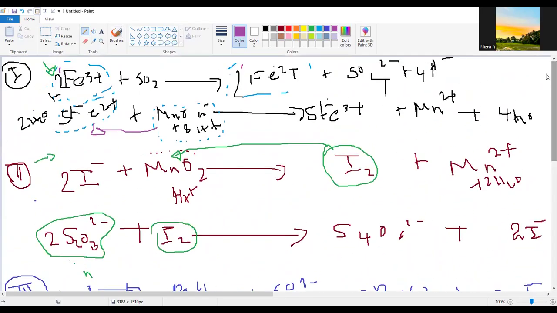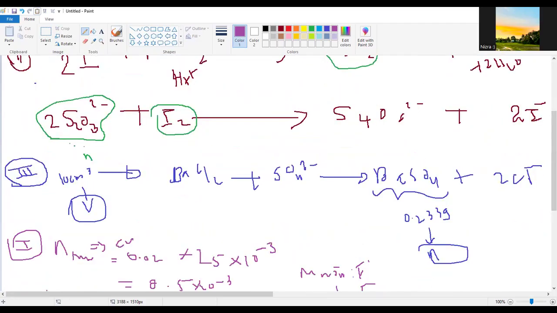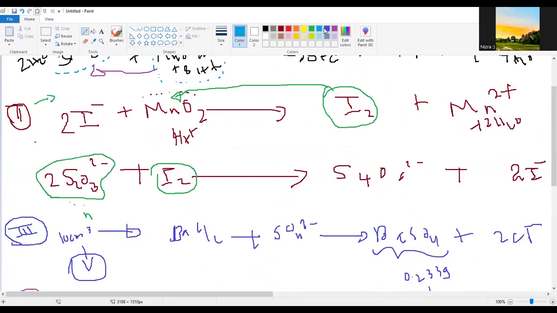Okay, now let's go to the second one. Procedure 2. Another 50 cubic centimeter sample of wastewater was taken. Yeah, we did that, no? Now they have given the sodium thiosulfate's concentration and volume. Then we can find the thiosulfate moles. I'm not putting unit or anything, but you have to follow.